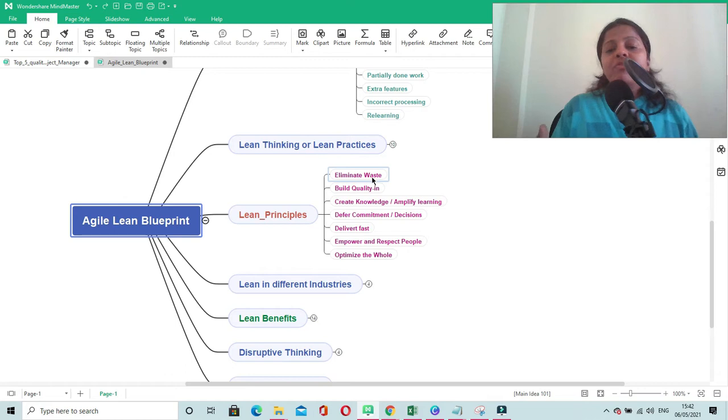So we have to come up with a particular process chart in which you will be able to understand the different tasks that you are carrying out, and you have to analyze and understand, are there any tasks or activities which are non value adding, and you have to think of removing that waste.